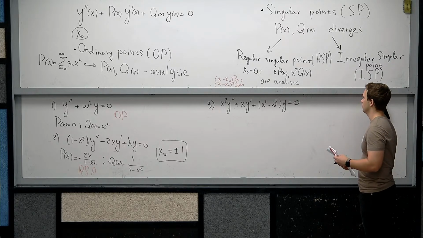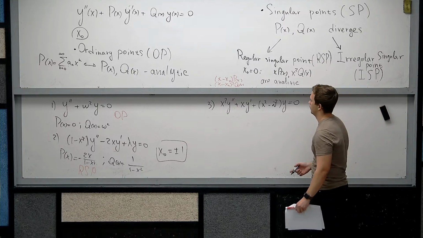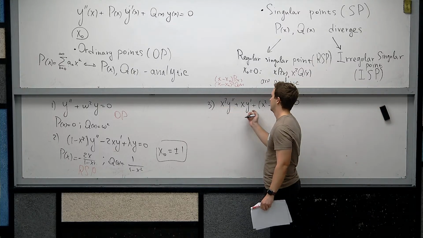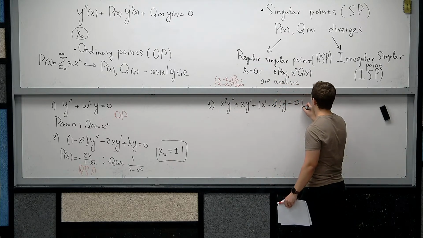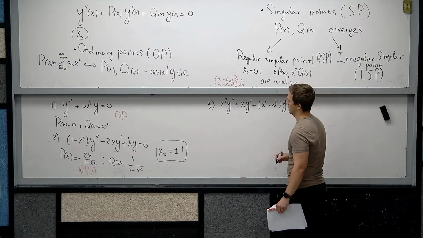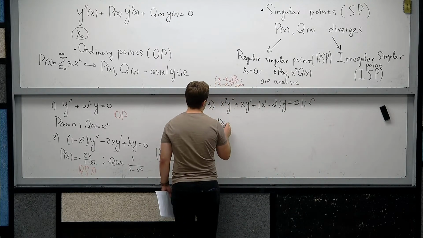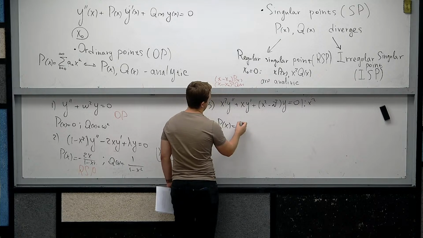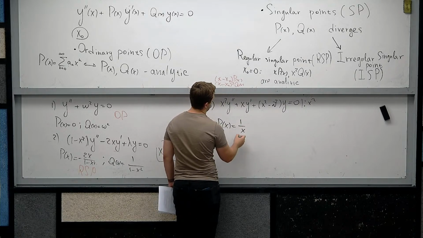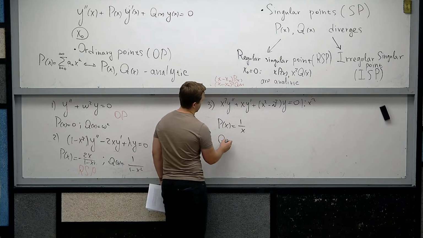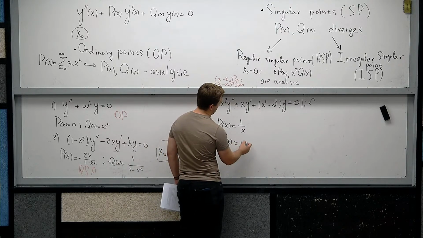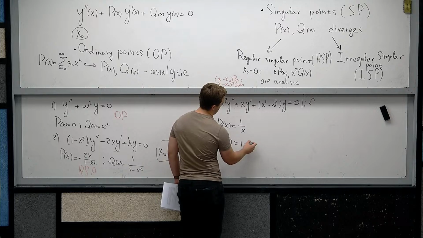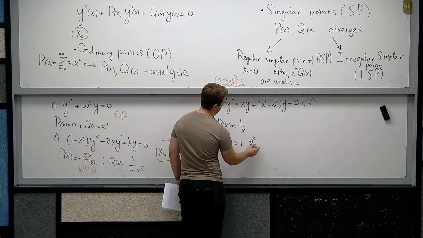Again, in the first step we divide the whole equation by x squared, and we get p of x is 1 over x, and q of x is 1 minus mu squared over x squared.